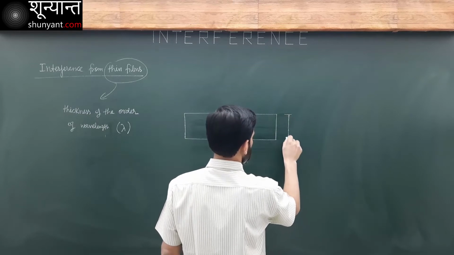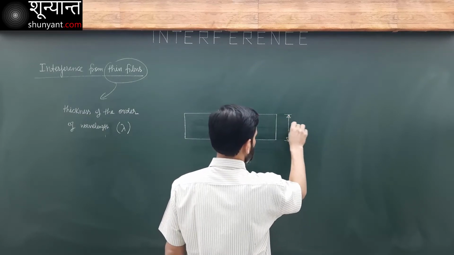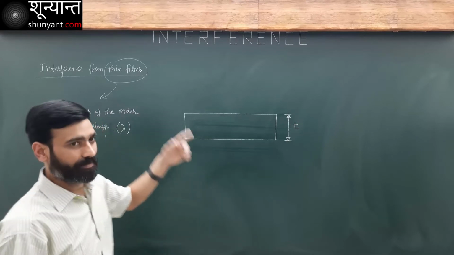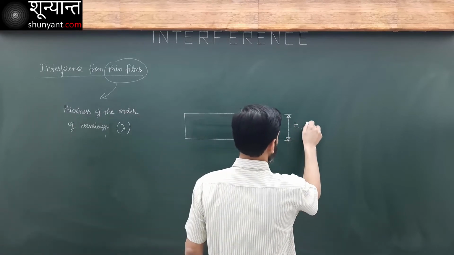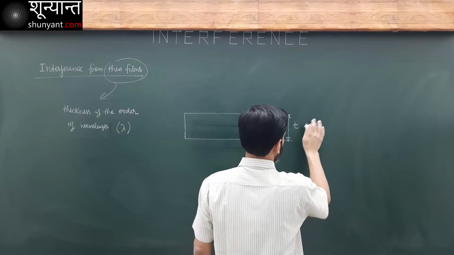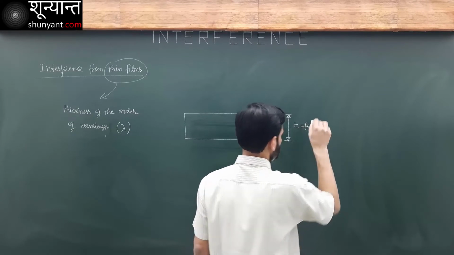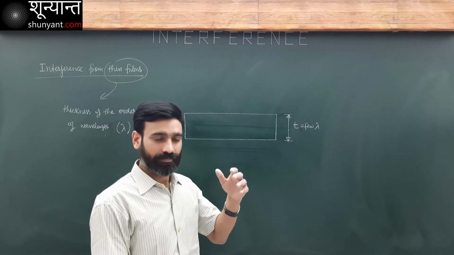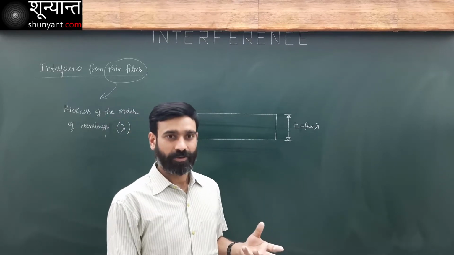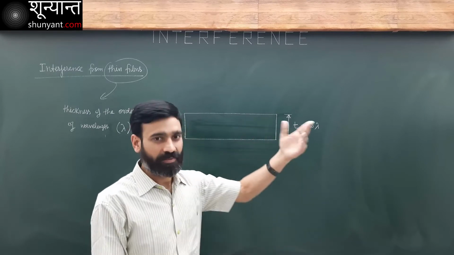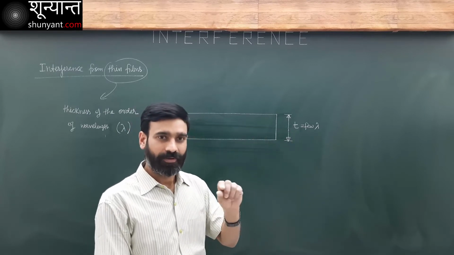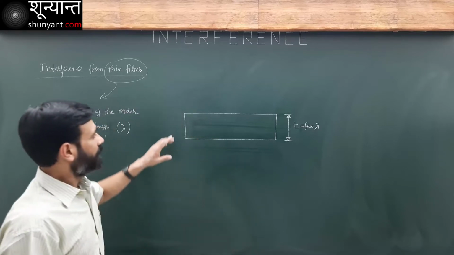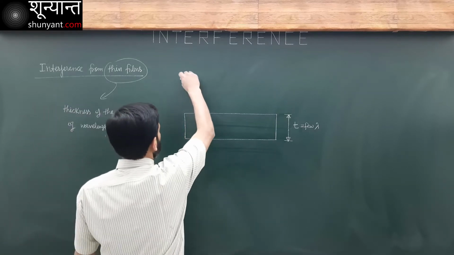This thickness is t. Now this thickness is comparable with lambda, like a few lambda. It's not like the wavelength is 4000 angstrom and this thickness is 1 meter or 1 centimeter. No, a very thin film.